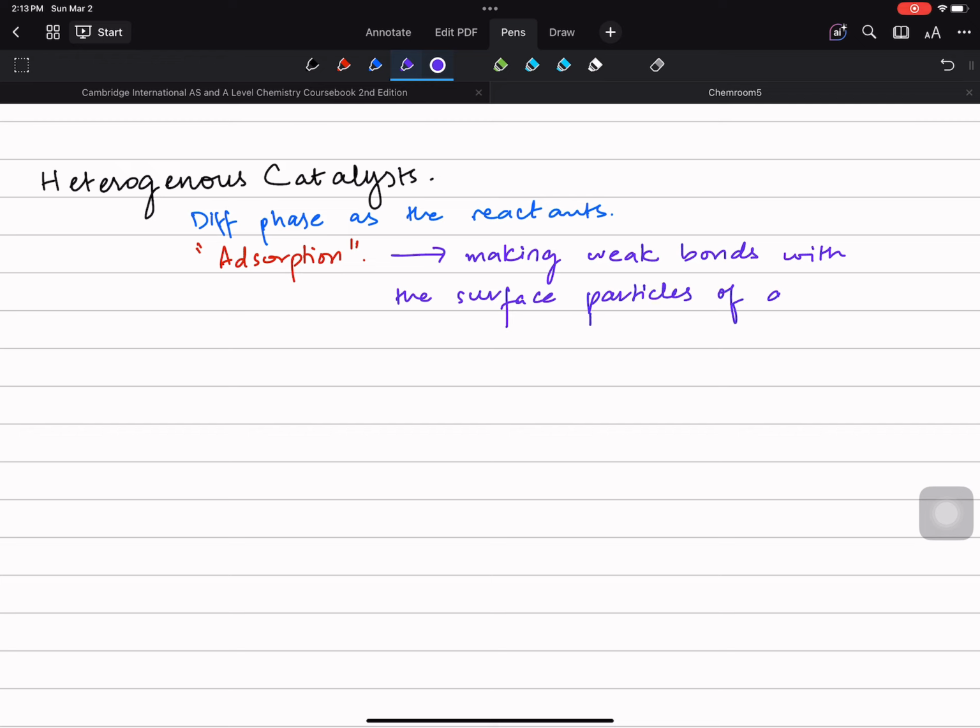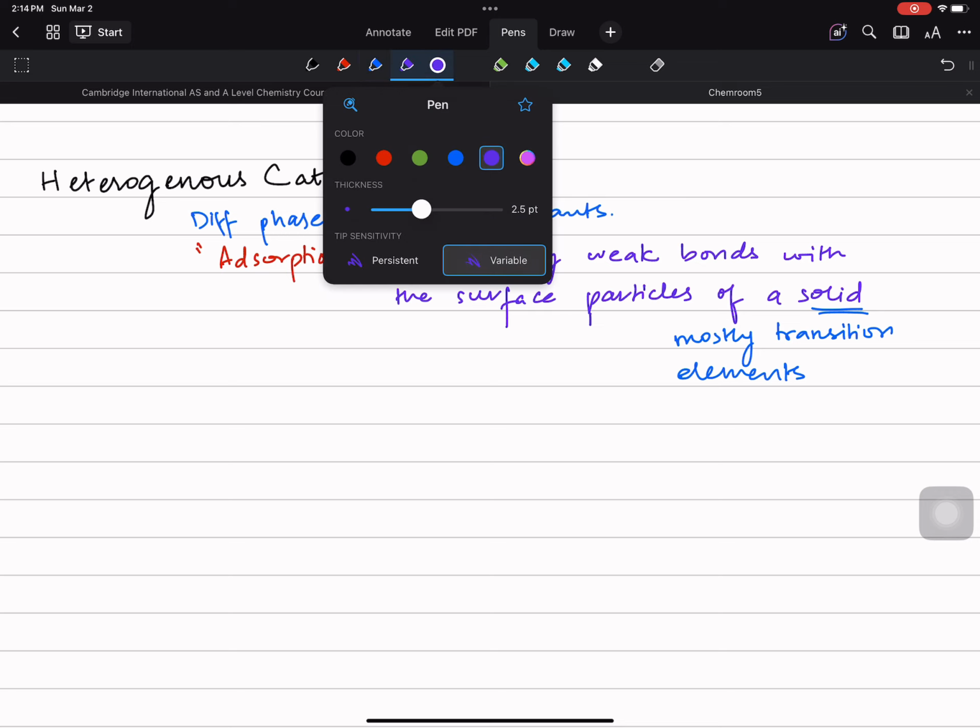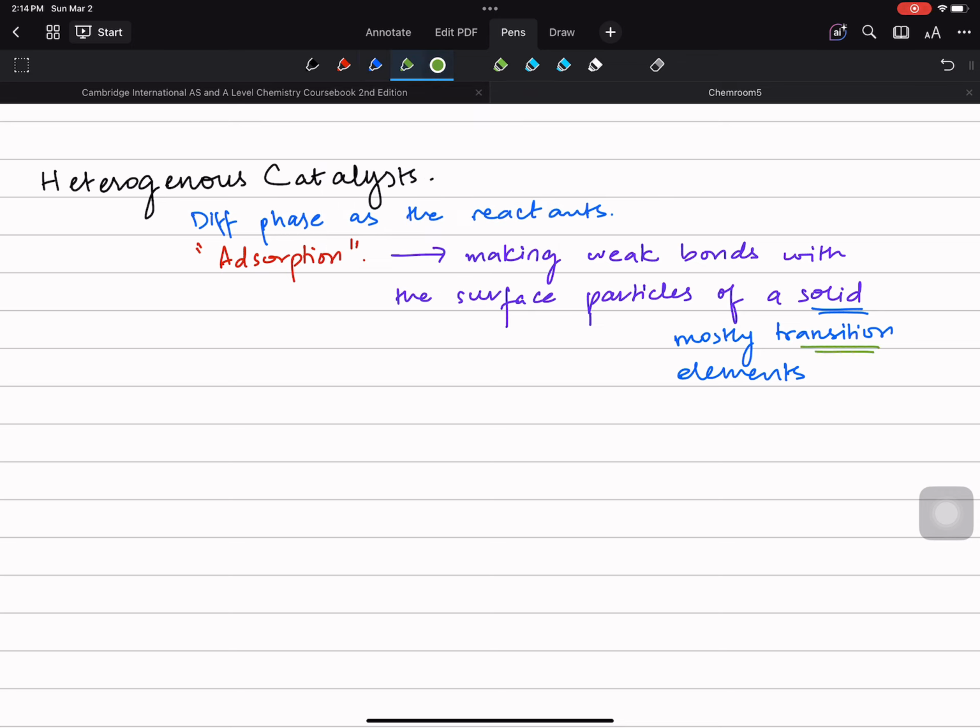So here, adsorption is all about making bonds with the particles on the surface of a solid. It's really important to make sure that it's different from absorption. What kind of solid we use is mostly a transition element. So you make weak bonds with surface particles of a solid, which is mostly a transition element.